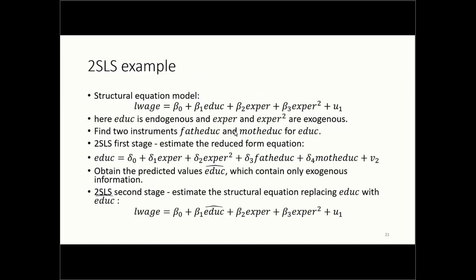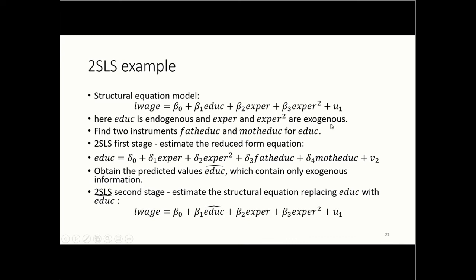Now, let me give you the example. Here we have the structural equation model, which could potentially include these endogenous variables. Here the log of wage depends on education, experience, and experience square. Now we assume here that education is endogenous and experience and experience square are exogenous.